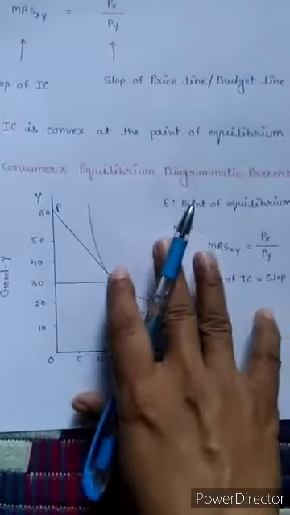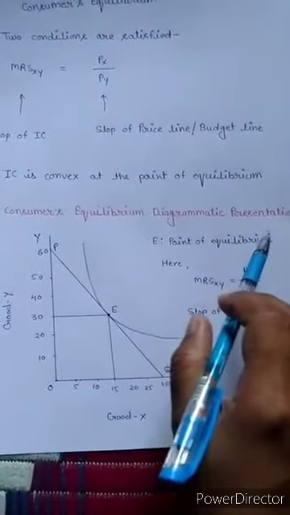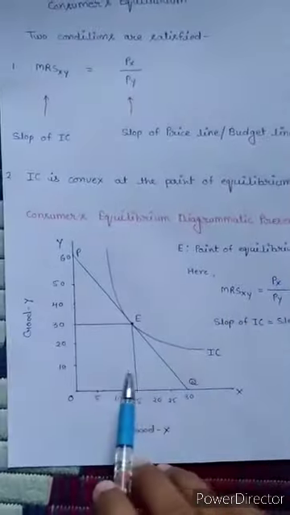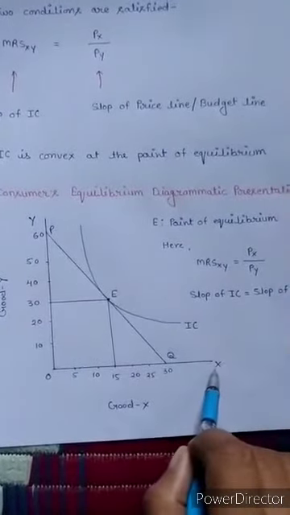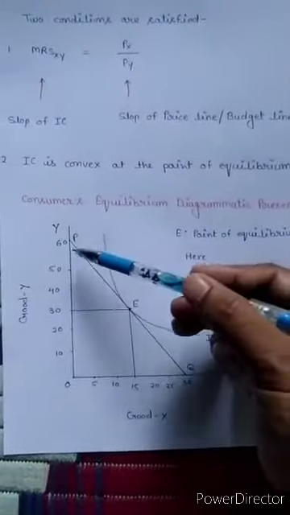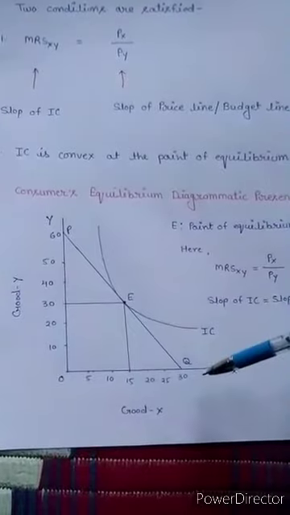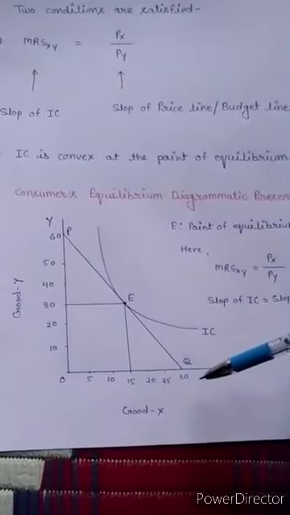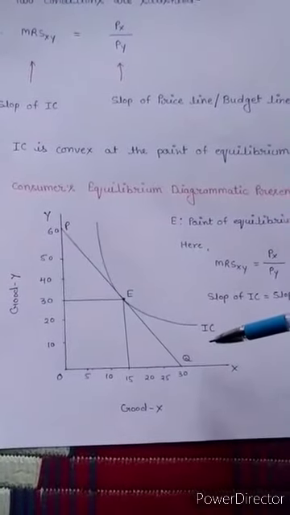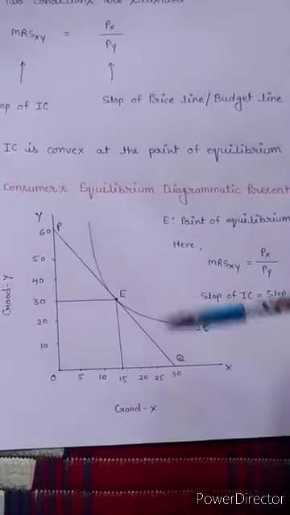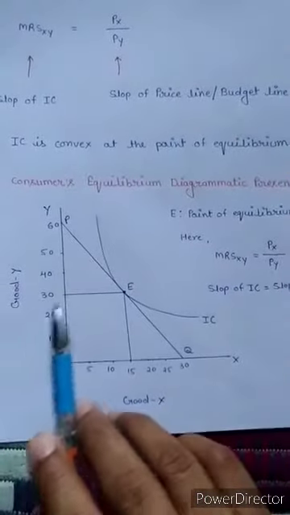This is made clear by the figure, the diagrammatic presentation of consumer equilibrium. Here good X is taken on the x-axis and good Y on the y-axis. PQ is the consumer's budget line or price line, and IC is an indifference curve. Here it is assumed that the consumer's income is 60 rupees.